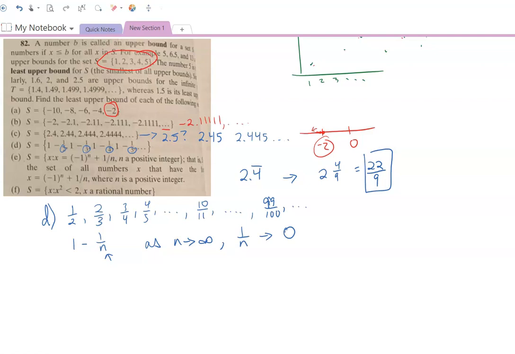So eventually, as n goes to infinity, we're going to have 1 minus 1 over a very, very, very large number. So I'm just going to write large number here, okay?